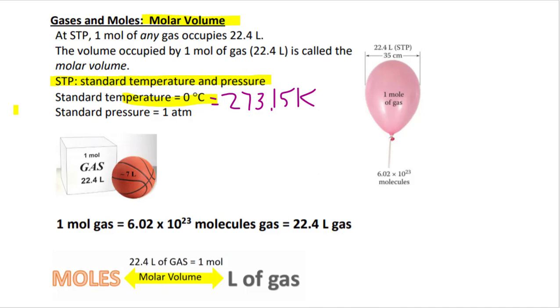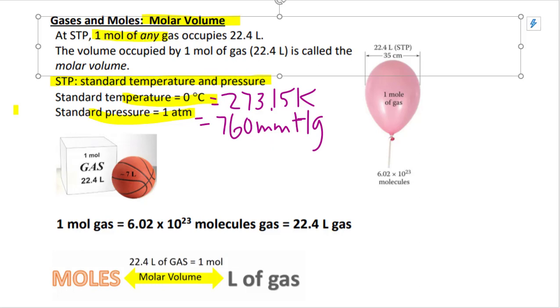And standard pressure is 1 atmosphere, which is equal to, remember from the last lecture, 760 millimeters of mercury, or there's a whole slew of other units that 1 atmosphere was equal to. But anyways, these are standard temperature and pressure. It's at 0 degrees, so at sea level, 1 atmosphere, 0 degrees Celsius.